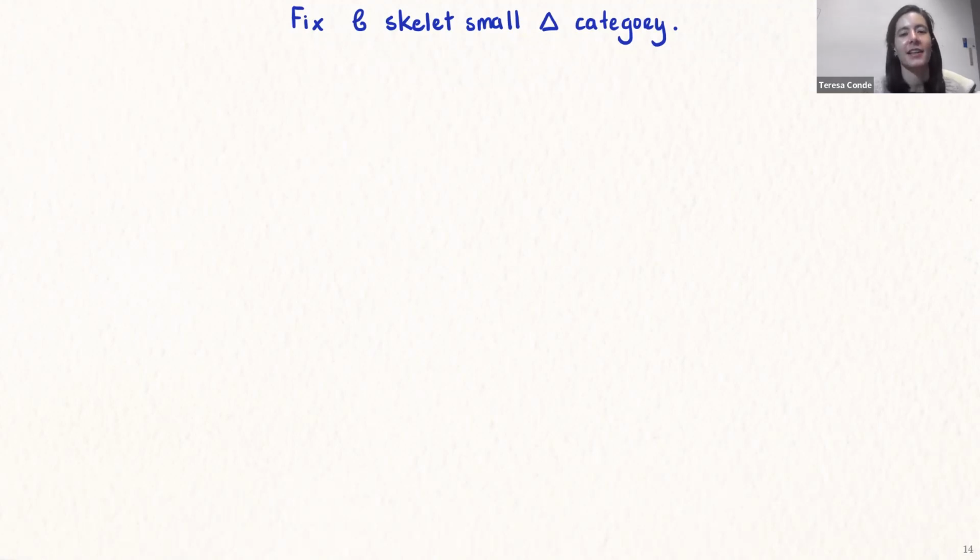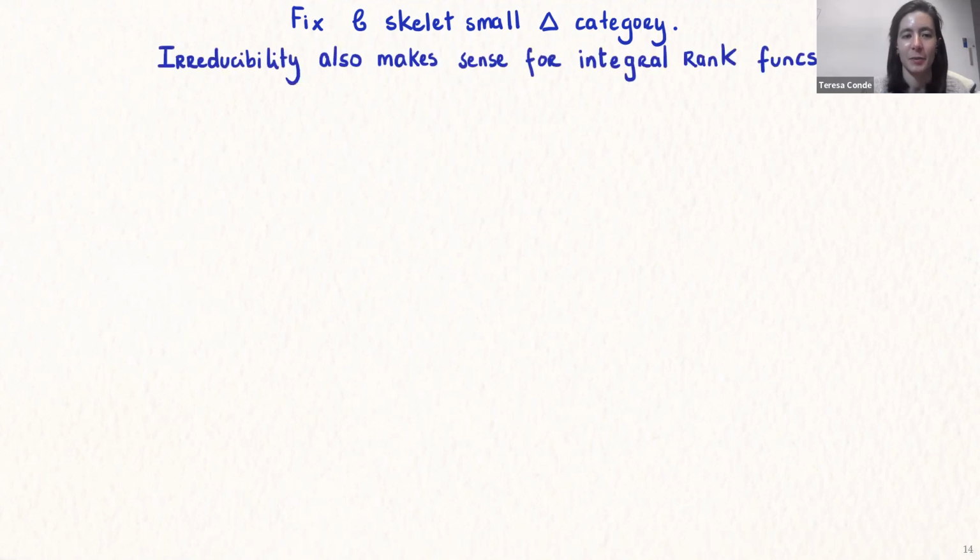So let's again assume, as before, that C is some skeletally small triangulated category. The notion of irreducibility that we have seen for additive functions also makes sense for integral rank functions, and we are going to say that a rank function is irreducible if it cannot be written as the sum of two non-zero integral rank functions.